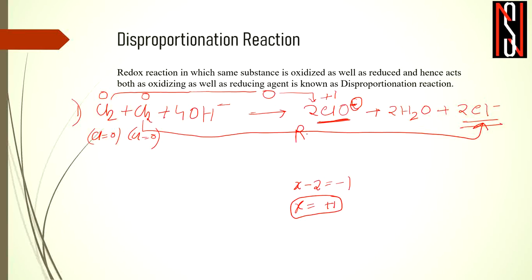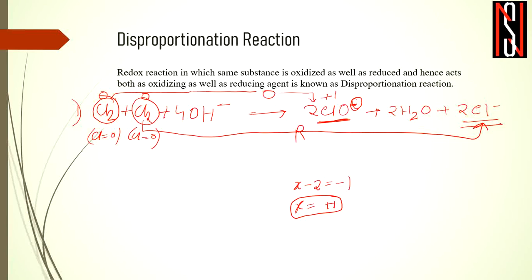The difference is that here the substance is the same, so the chlorine, one Cl2, is being oxidized to Cl plus, whereas another Cl2 is being reduced to Cl minus. So the same substance is being reduced and the same substance is being oxidized. Okay, so which Cl2 is actually an oxidizing agent and which Cl2 is actually acting as a reducing agent?